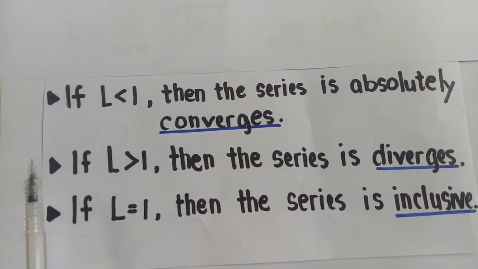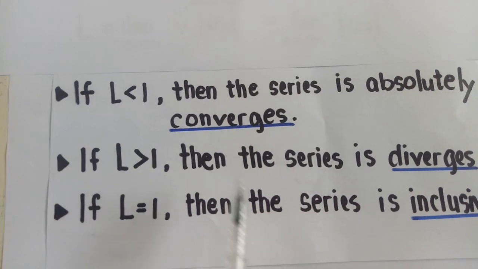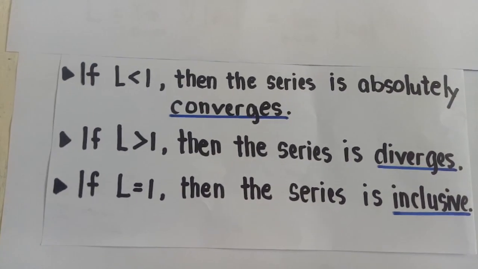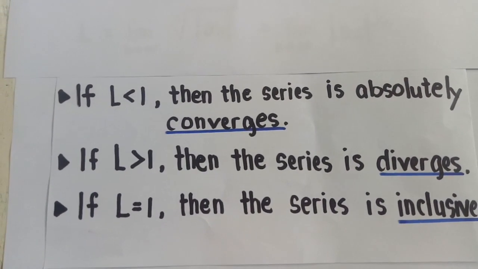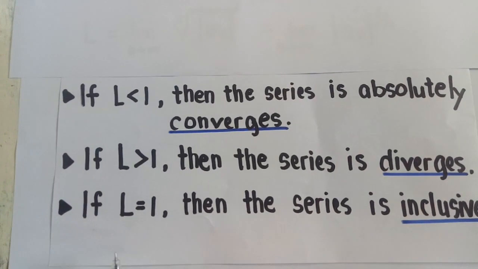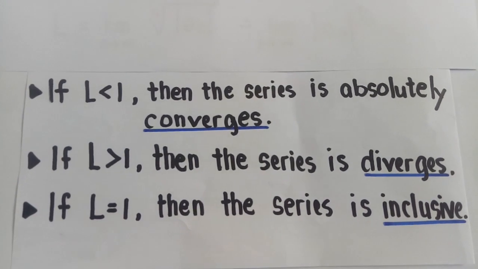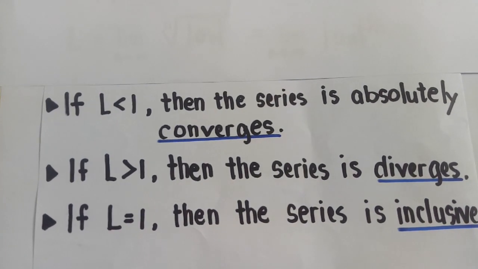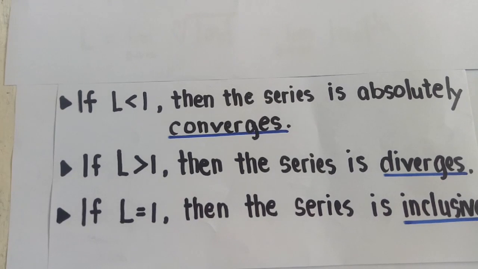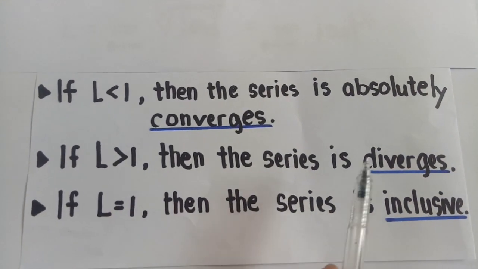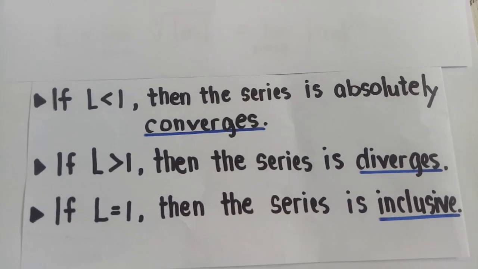Next are the rules of the root test. Just take note that these rules are the same as for the ratio test. The first rule: if L is less than 1, then the series absolutely converges.